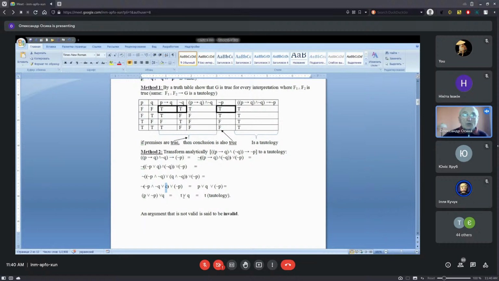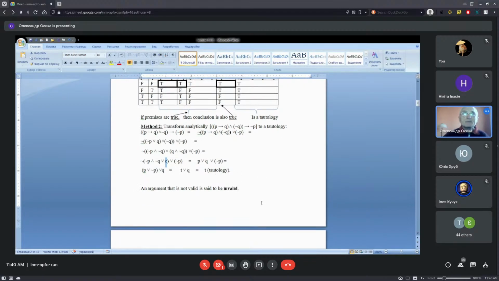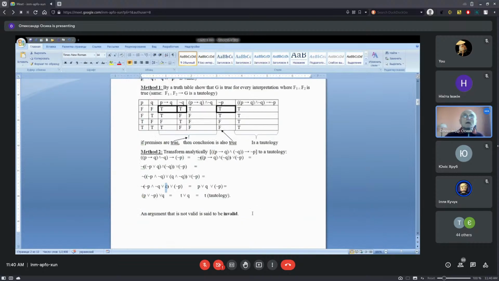So tautology or Q. So tautology or any formula, the result is a tautology. Yes, that's it. So we came to the same conclusion as here.